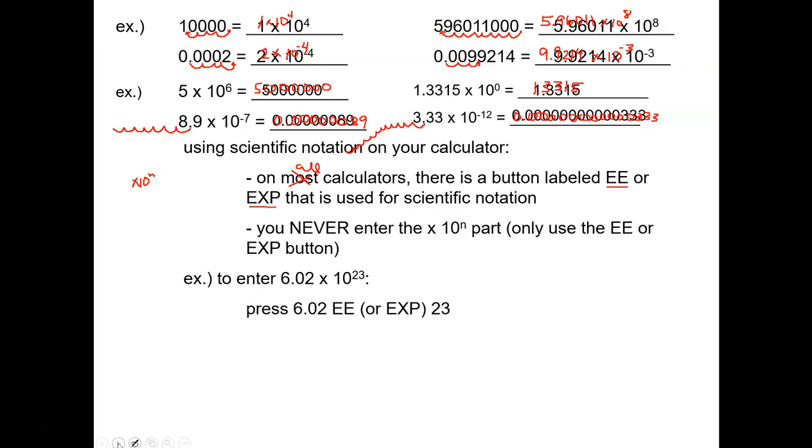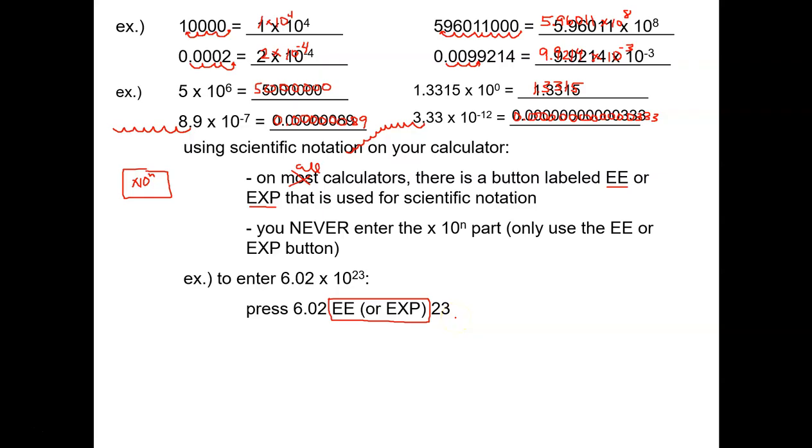So you would hit the 6, the point, the 0, the 2, and then you would take that special button, whatever that special button is, EE, EXP, sometimes maybe even this one over here. 6.02, special button, and then 23.